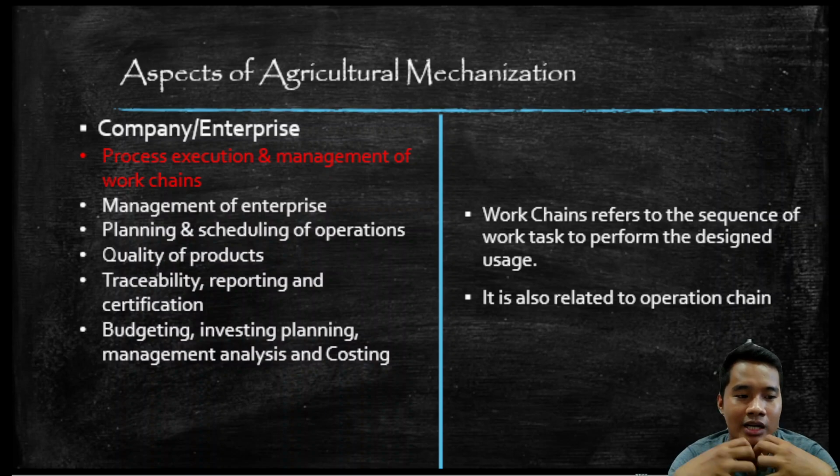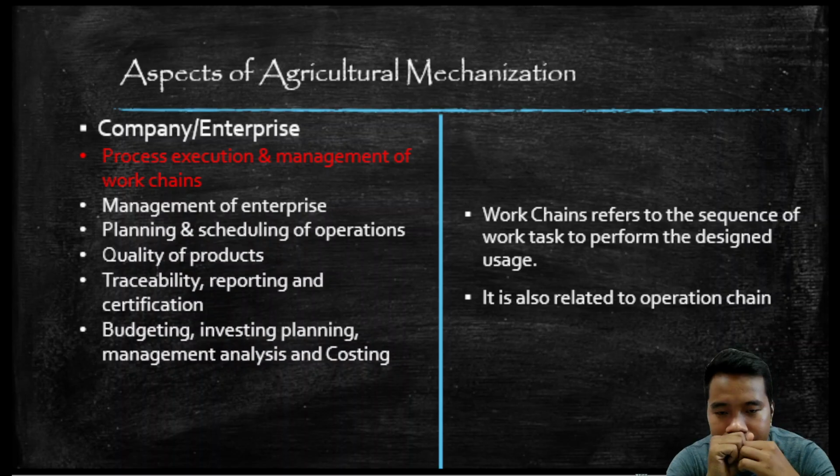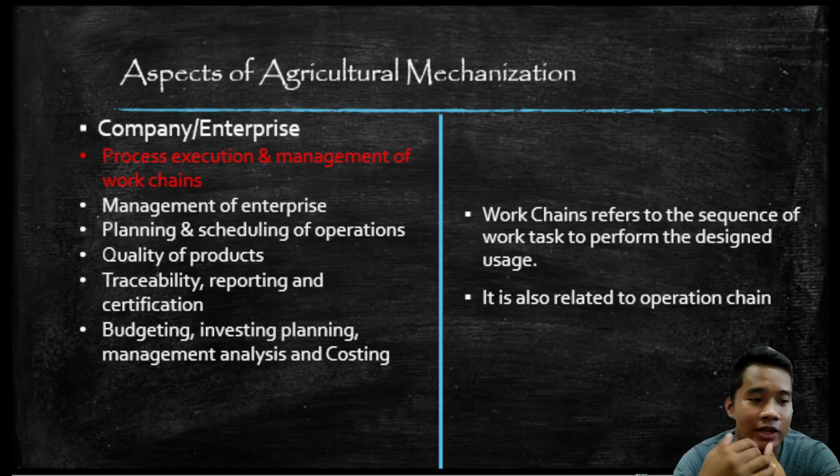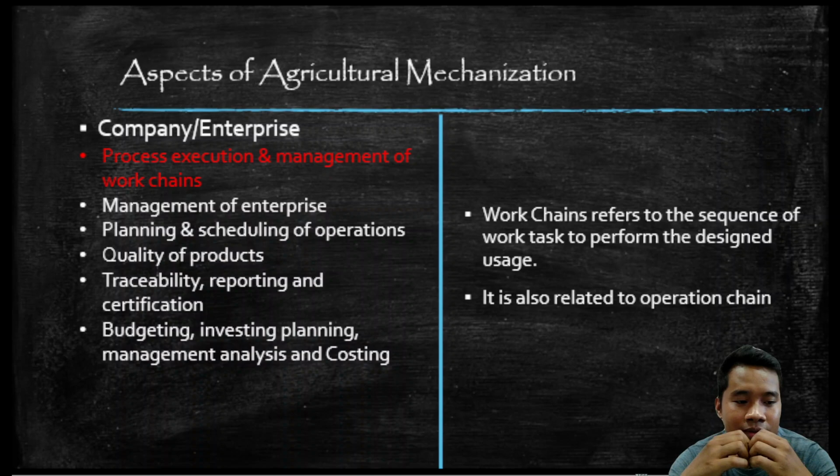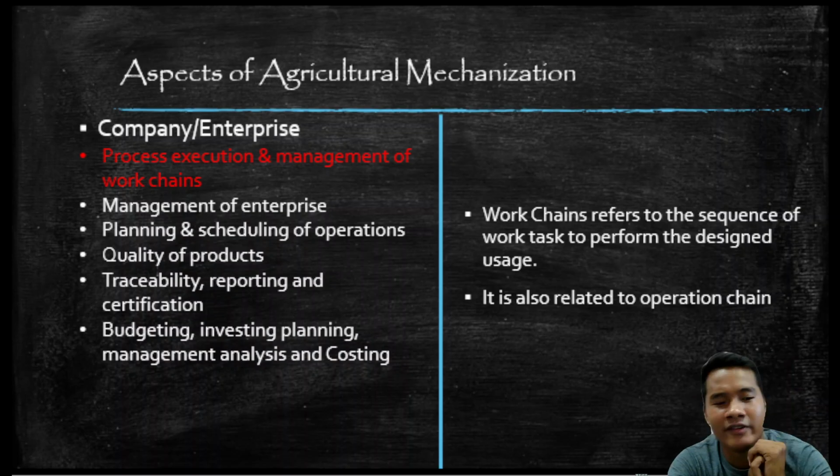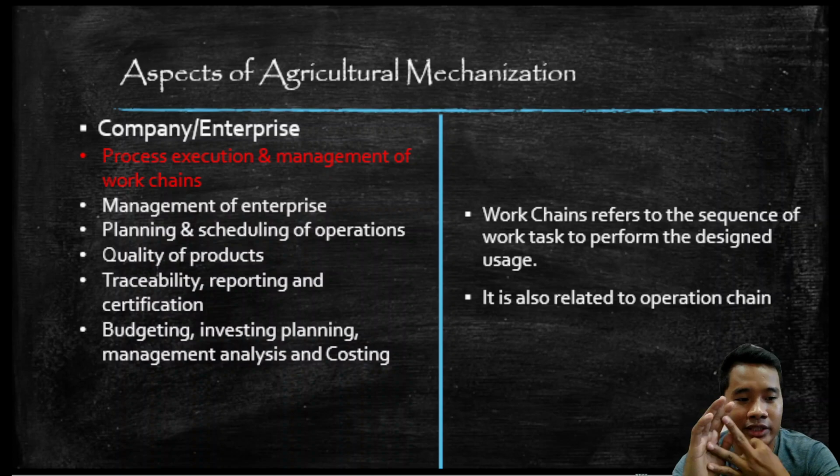For example, you have to use a belt, for example, so that it can move part of it. Okay. For example, a harvester. So there are various work tasks for a harvester.